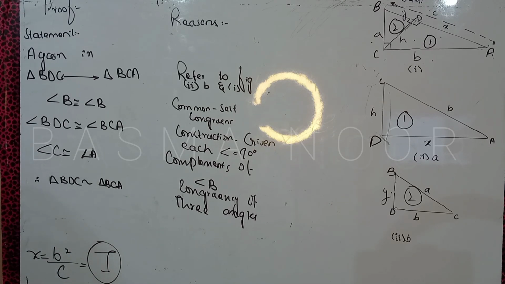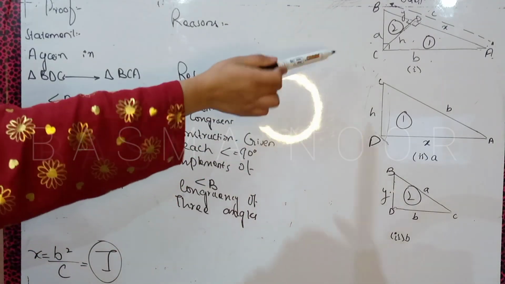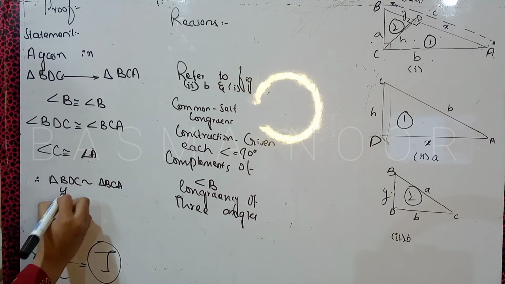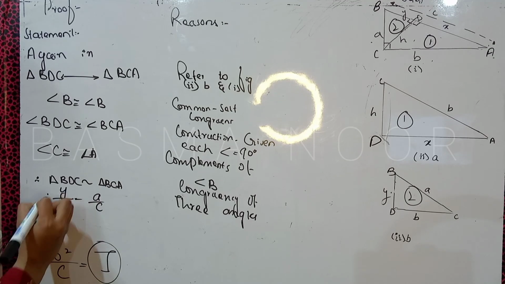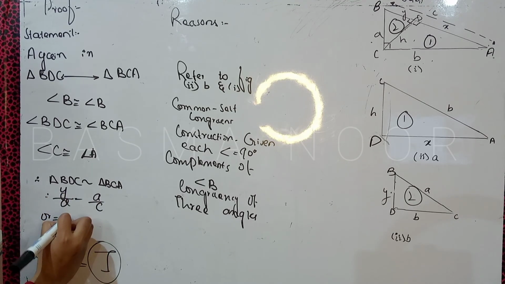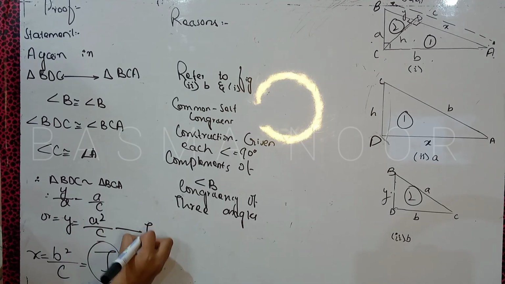So yeah, we're also going to take sides like how we took this side. So we're going to take y over a is equal to a over c. It's not difficult, but you need to learn it. Or we can write y is equal to a square by c. It's our second result.